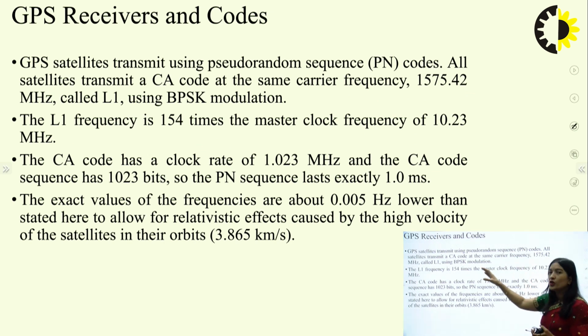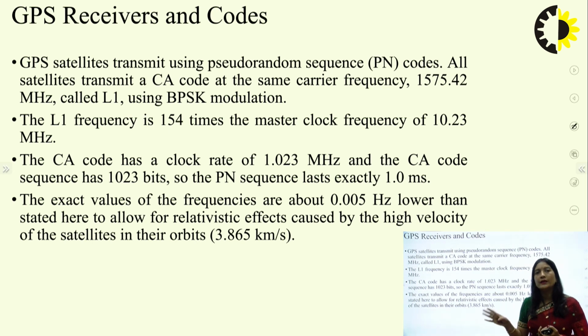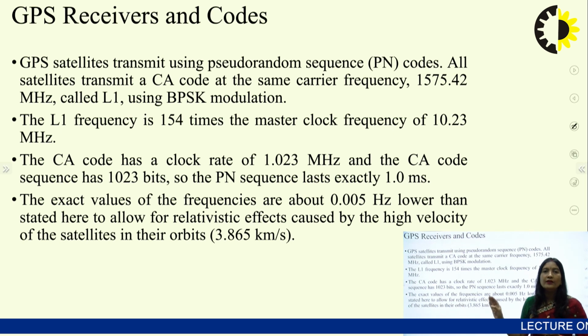Now, the next topic is the GPS receiver and codes. So, in short, I'll tell you what the GPS receiver and codes are. There are 2 types of signals that we can see in a GPS satellite, the L1 signal and the L2 signal. The L1 frequency is actually used by normal civilian people. The L2 frequency is used by military applications. L1 is the signal containing the codes.